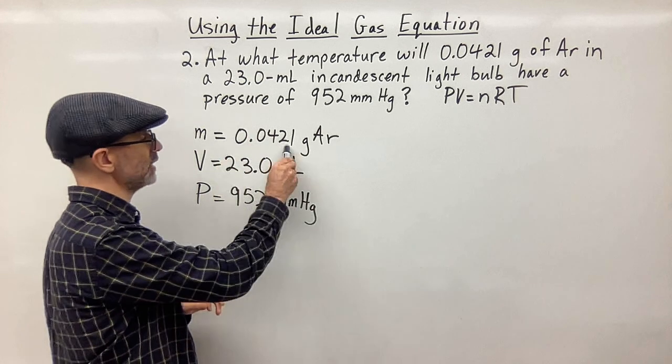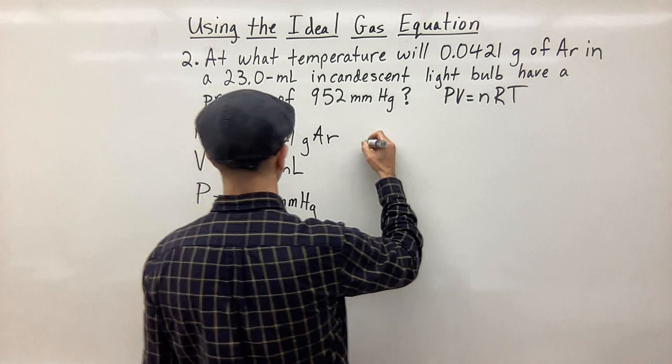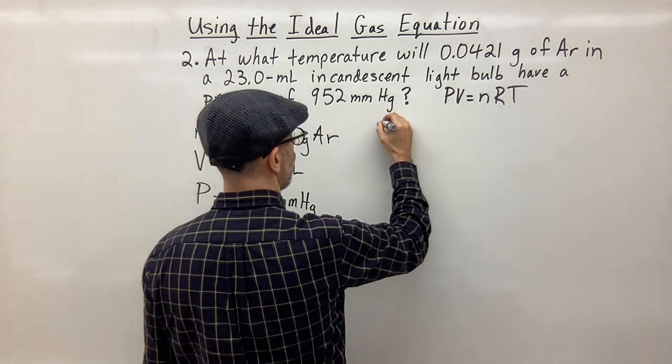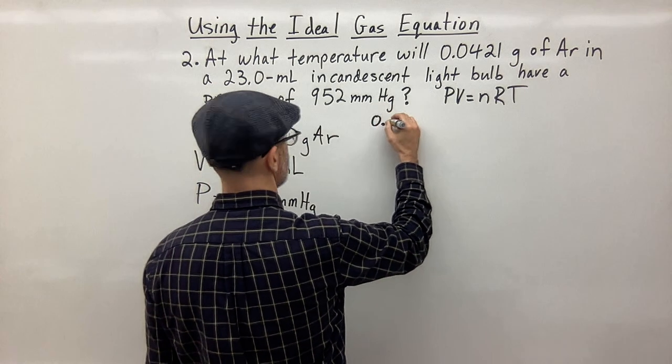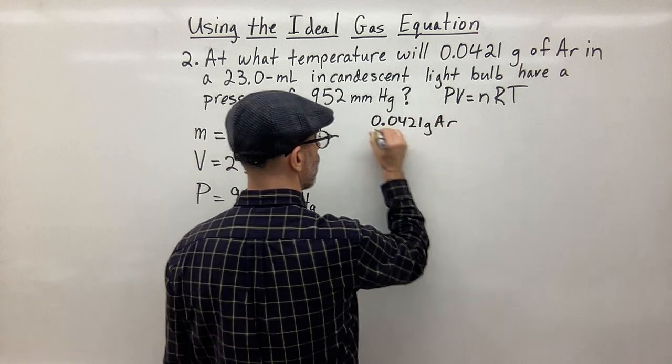The mass needs to be turned into moles, so I'm going to use the molar mass of argon. Here we have 0.0421 grams of argon.